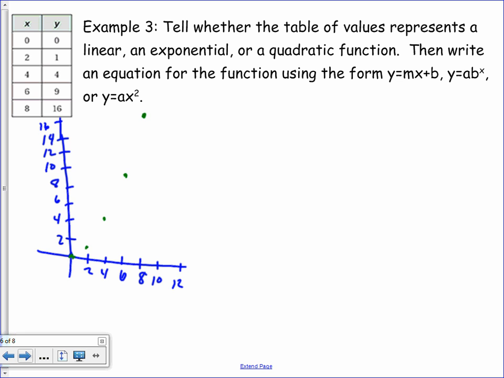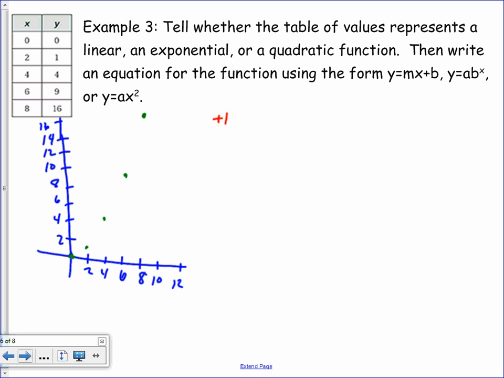So now let's take a look at the y values and see the differences there. Because if it has a common ratio, it'll be exponential. And if I have to find the second set of differences, then I know it will be quadratic. So to get from 0 to 1, I have to add 1.